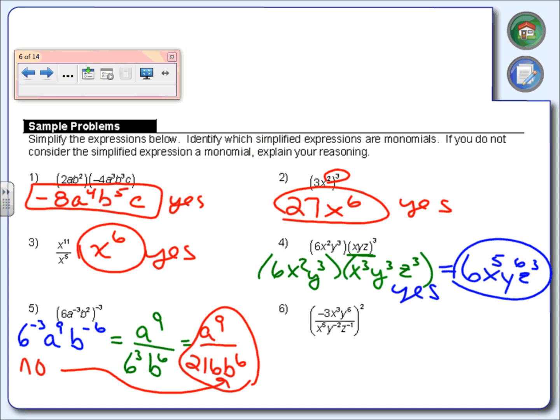All right, I want you to try that last one there, number 6 for me. Try number 6 and see what you get. Remember, your answer should not have any negative exponents.